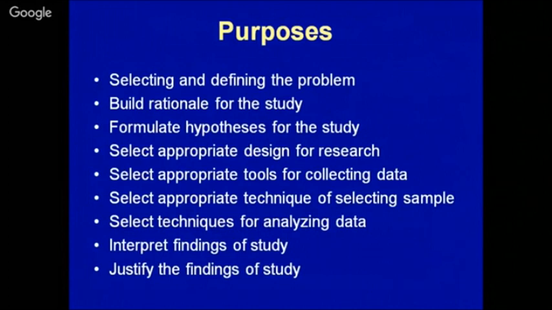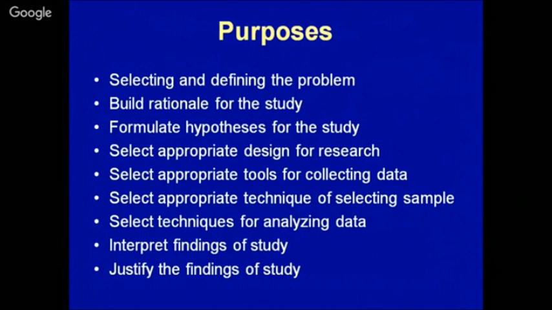Now, the purposes which are served by review. The very first thing you can see is, if you have to select a problem, even then you go in for review of related literature.